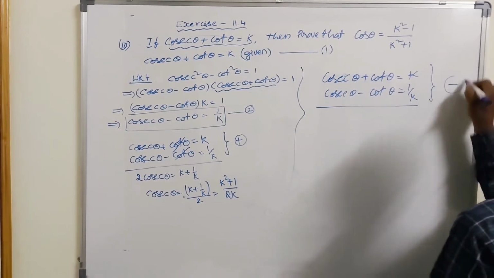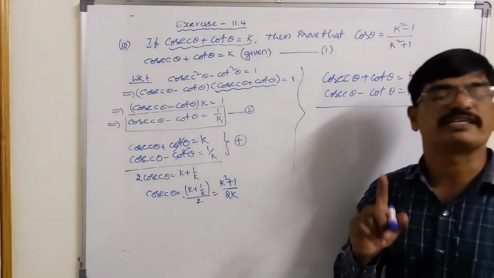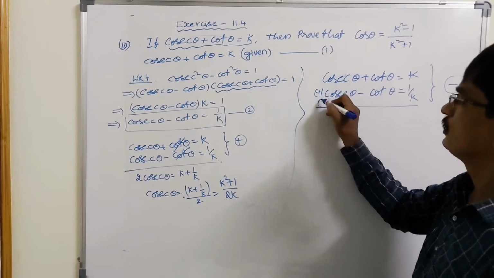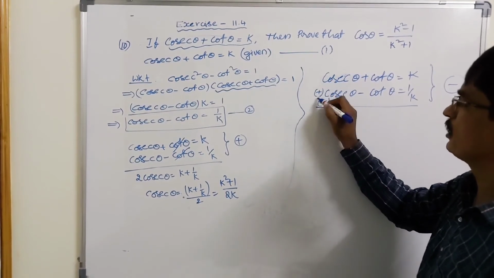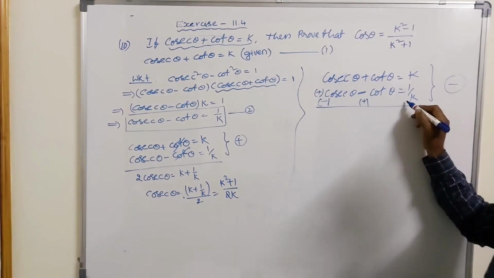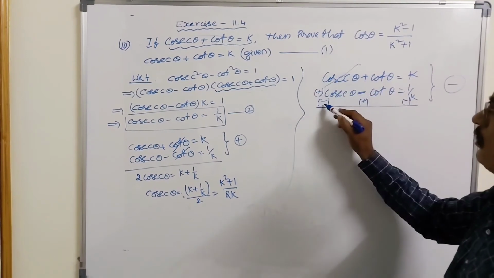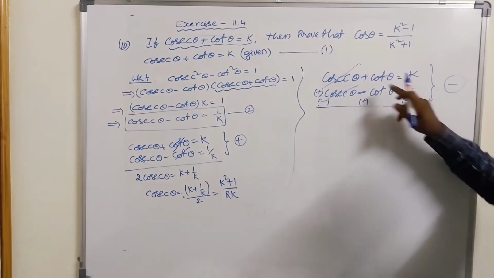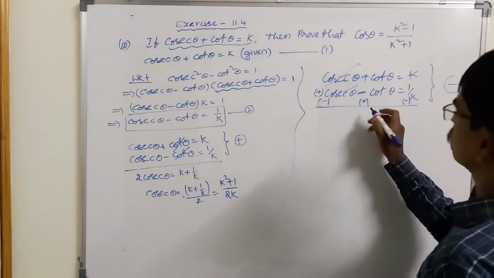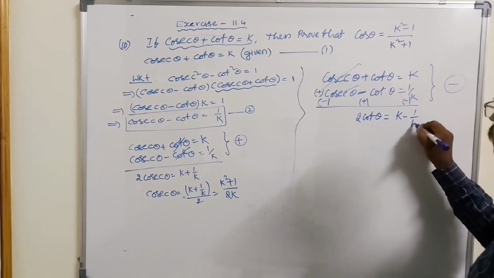Now we are going to do subtraction here. While doing subtraction, the signs of the second expression will be changed. Plus becomes minus, minus becomes plus. Now cosecant theta and minus cosecant theta cancel out. Both have the same signs and are like terms. That is, 2 cot theta is equal to k minus 1 by k.